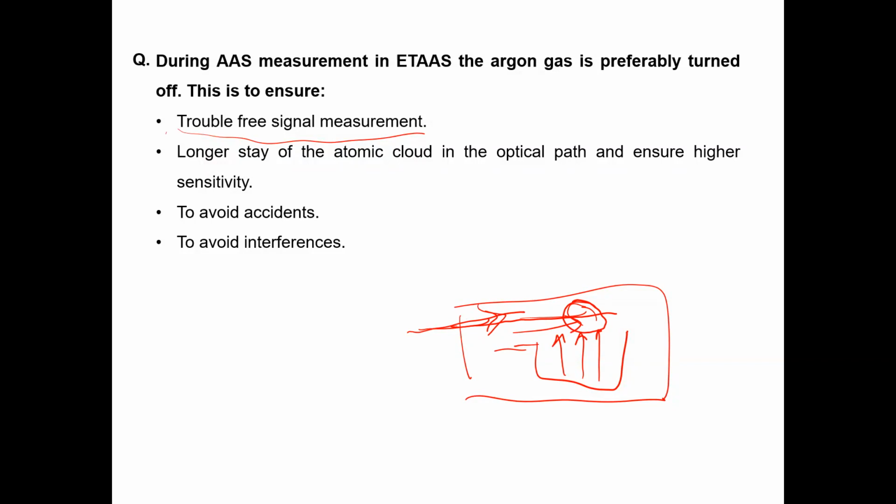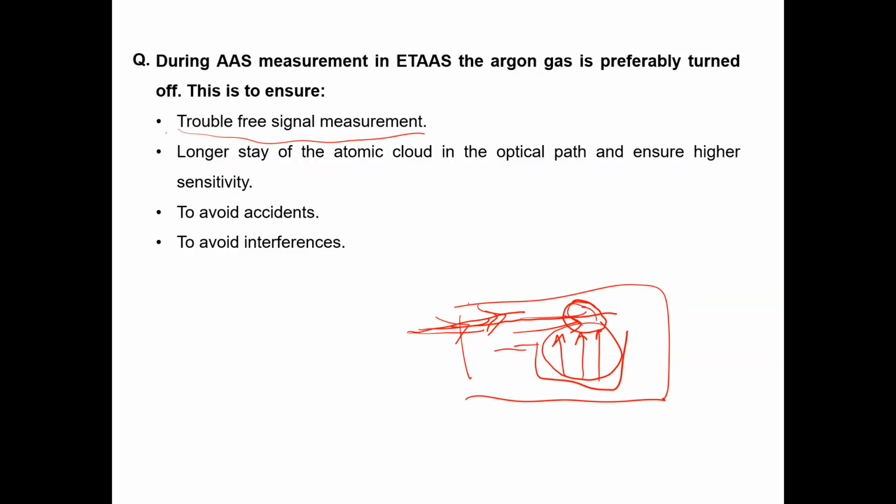So there may be a loss of sensitivity also. So if the flow of this argon gas is off, the atomic cloud will stay for a long time in the optical path, and it will ensure a higher sensitivity.